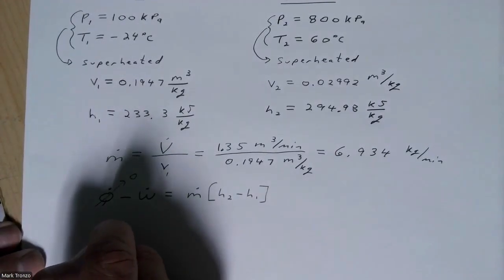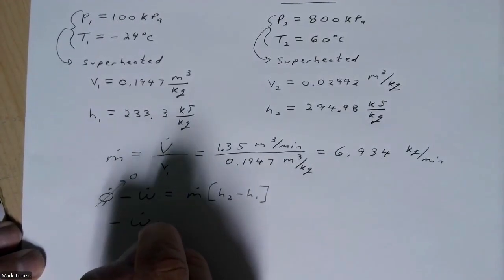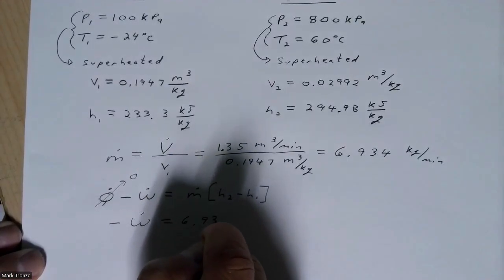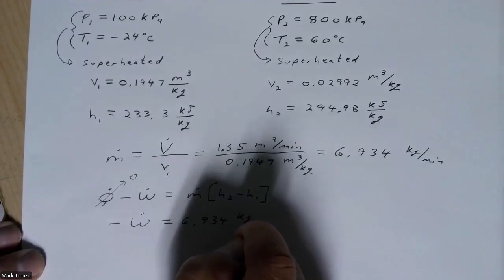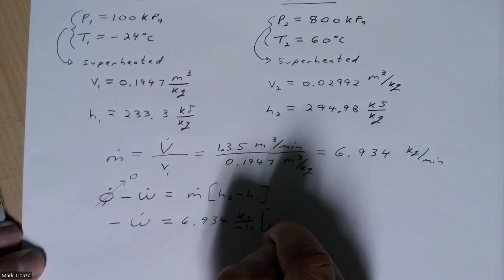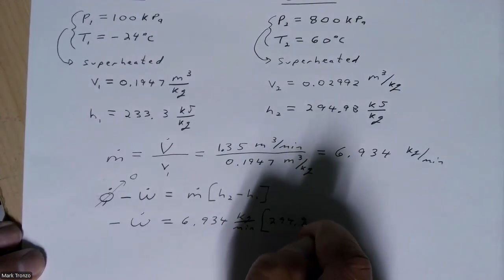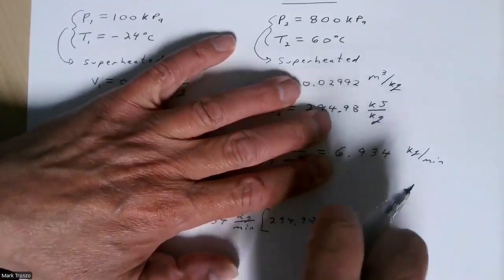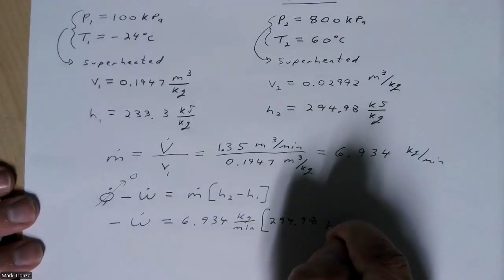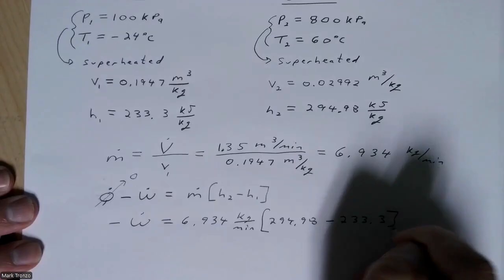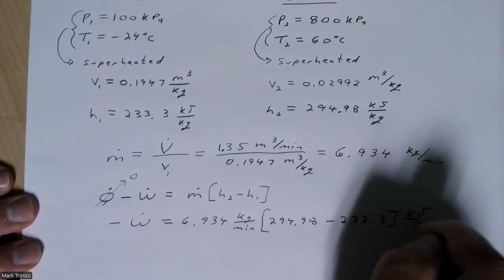And so we're going to end up with negative work times the mass flow rate, and we're going to have H2 minus H1.